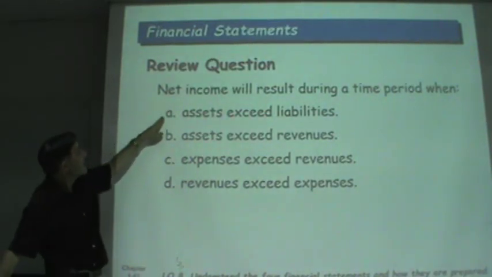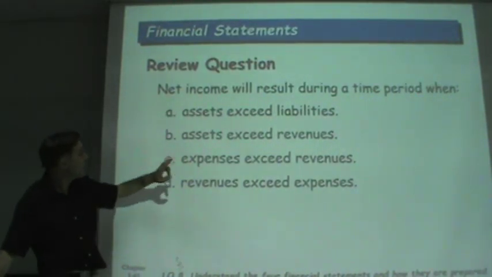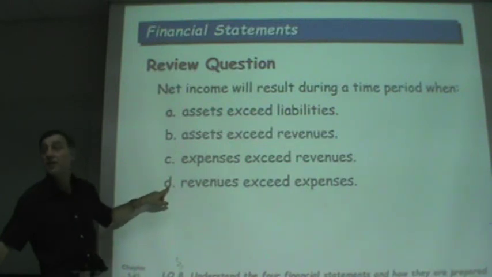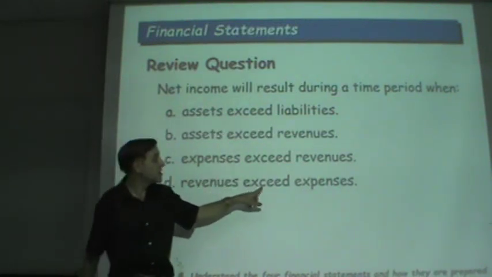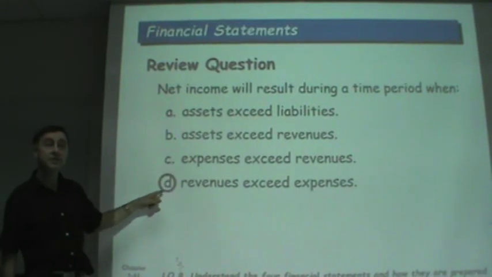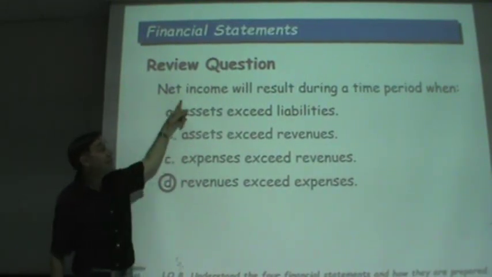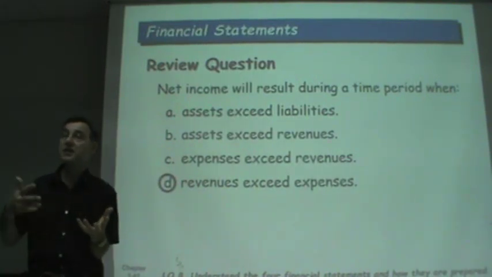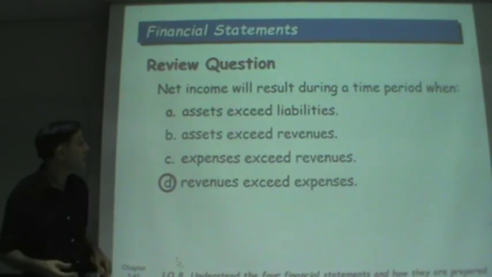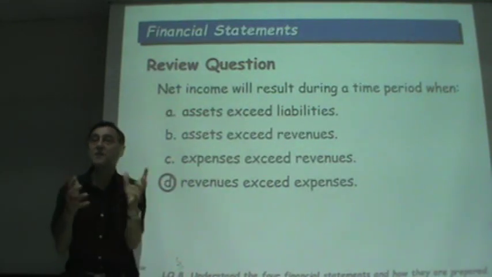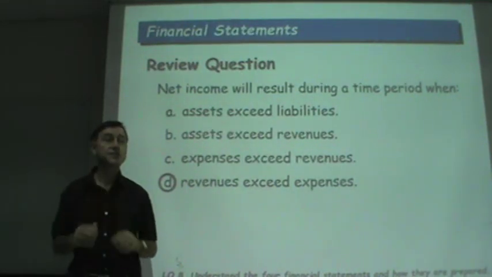So it says assets exceed liabilities, no. Assets exceed revenues, no. Expenses exceed revenues, no. It's D. Revenues exceed expenses. So it should be this one. Okay? So, net income. Income is about revenues and expenses. And assets and liabilities, the difference is equity.